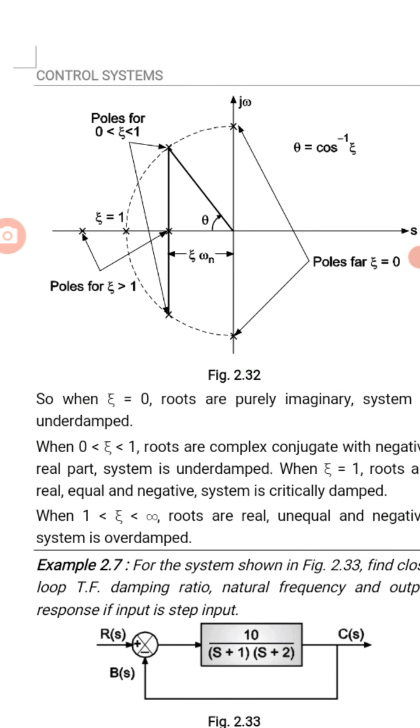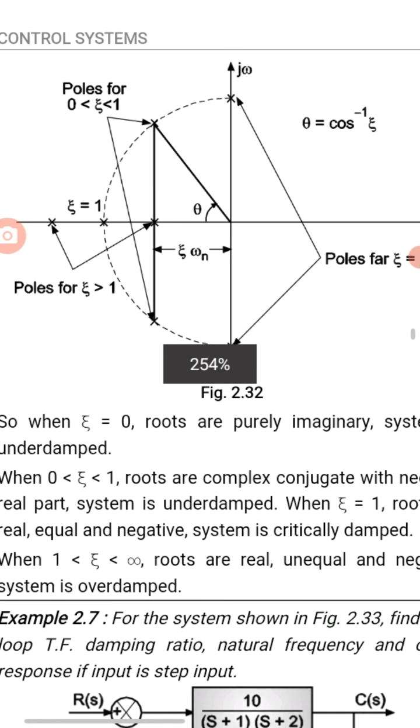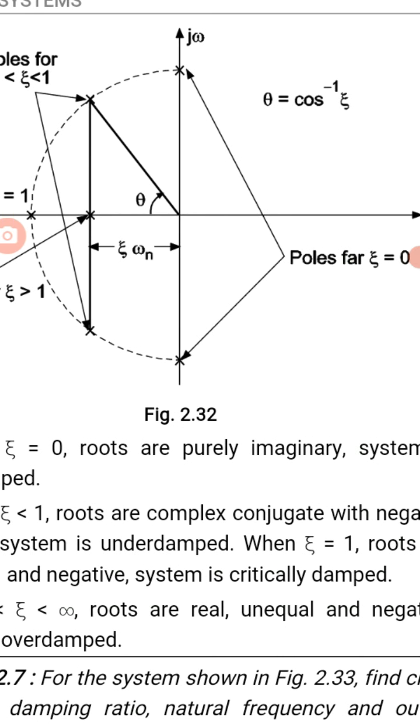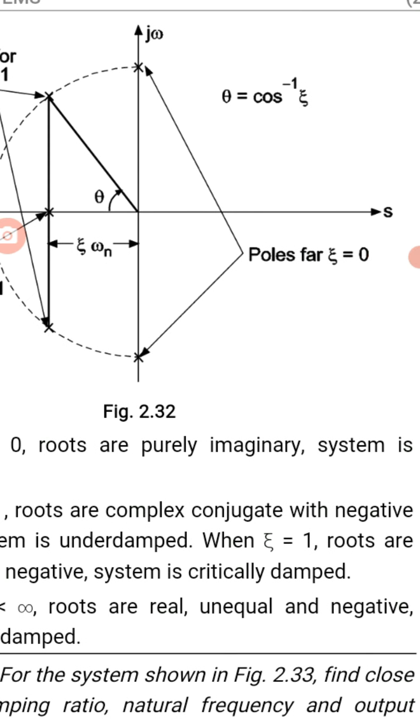The poles for this are different. In the first quarter, theta is equal to cos inverse zeta, and for zeta equal to 0 the poles are imaginary, plus j omega and minus j omega.